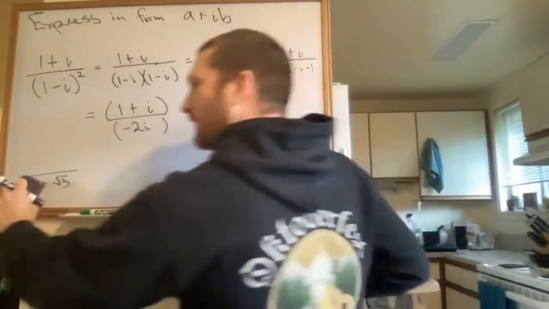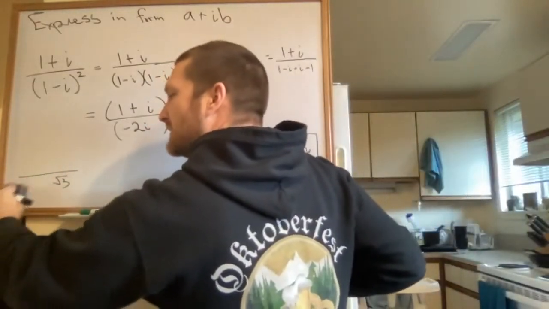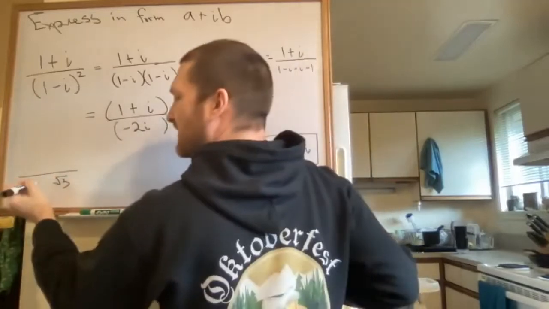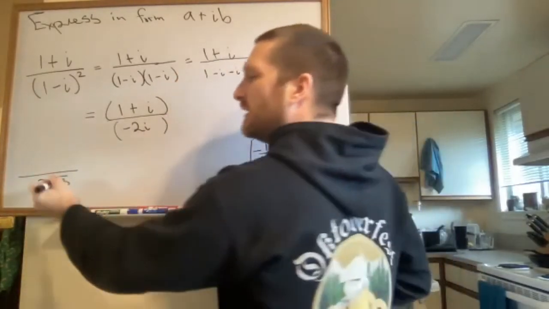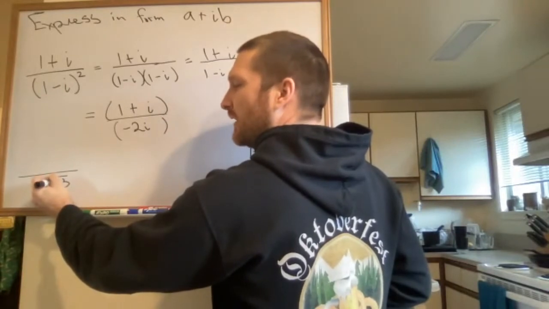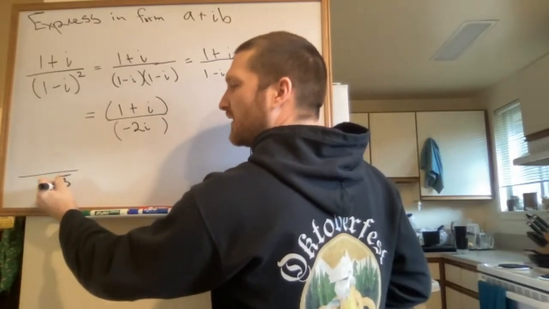But if my denominator were just this guy right here, what would I need to multiply by to get rid of this square root 3 in the denominator?